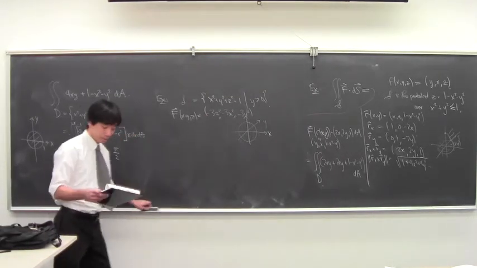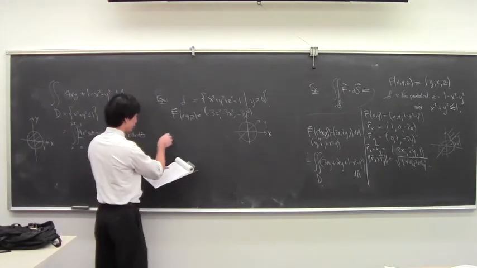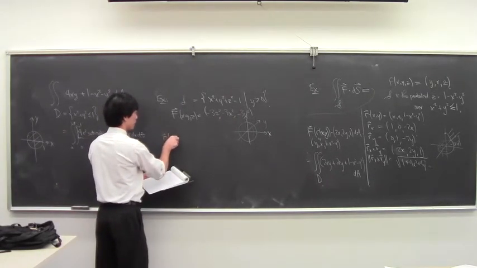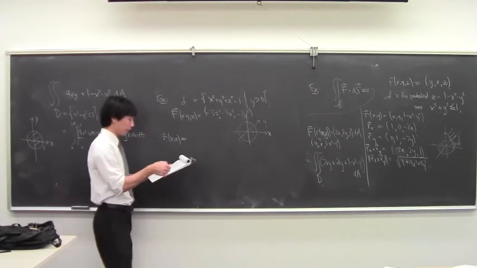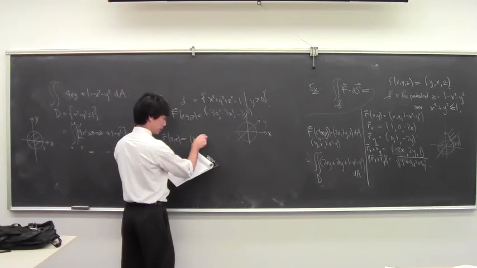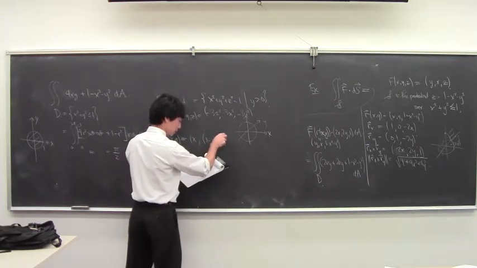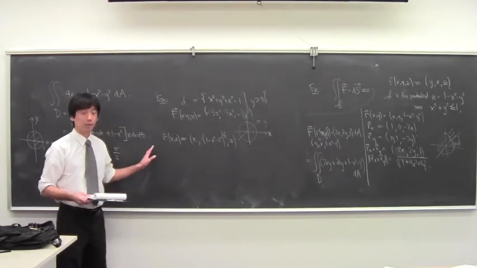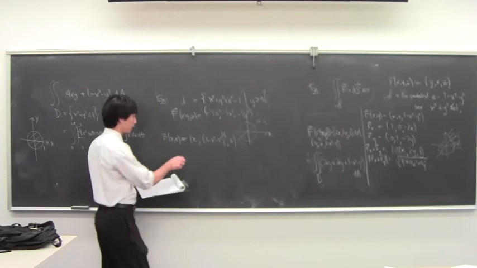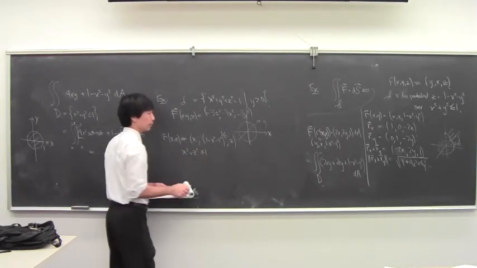We're kind of running out of time, so here's one idea. You could do it like this. R of x, z is x, the square root of 1 minus x squared minus z squared, z, where x squared plus z squared is less than or equal to 1.